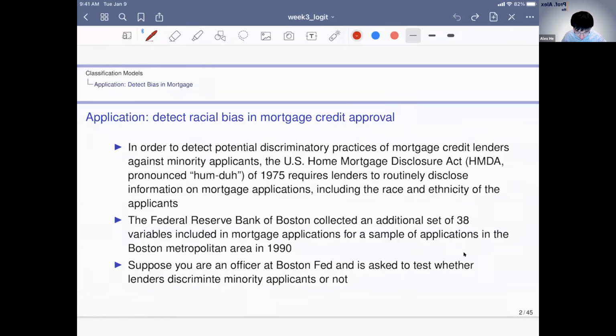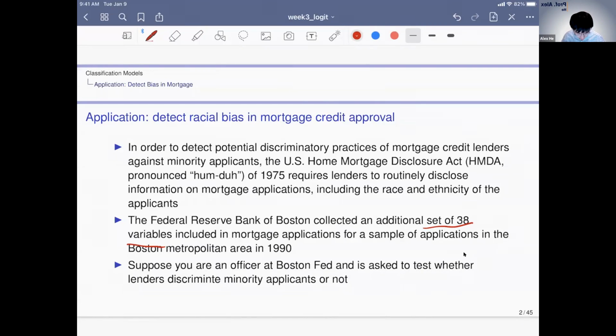There is a set of 38 variables in total, including their income and demographics like gender, age, and race. And then it will tell you whether that person's mortgage application is approved or rejected.